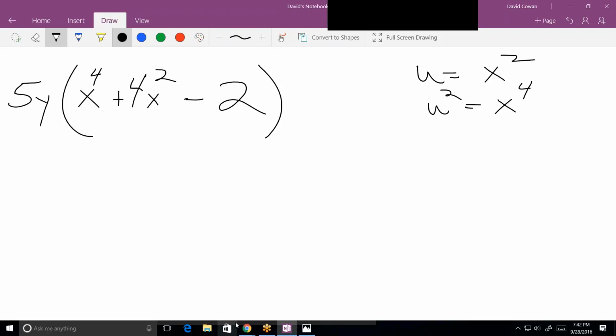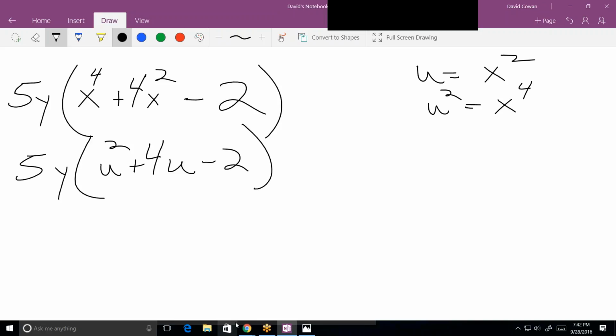So now I can write this U squared plus 4U minus 2, right? That does not factor very well. The only way that factors is using the quadratic formula.